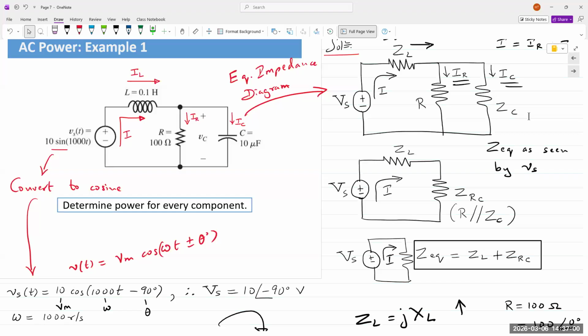There's nothing else. DC circuit analysis: find the voltage or the current for the components, and apply the power equation, V squared over R or I squared times R, except it's in complex numbers.